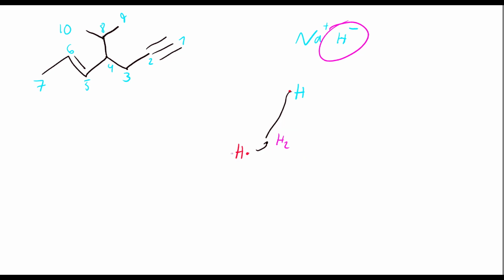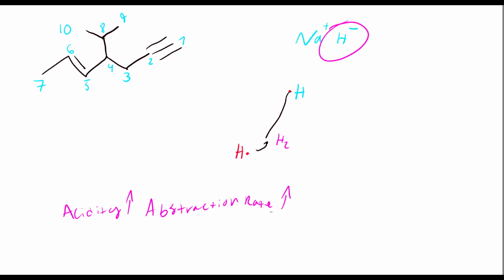Alright, so which one is more likely to give up its hydrogen? That's what the question's asking. Which one is most likely to be abstracted? Which one is most likely to give up its hydrogen? Well, you should know that as the acidity increases, the abstraction rate increases.